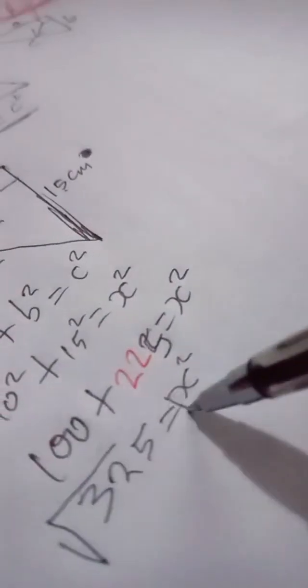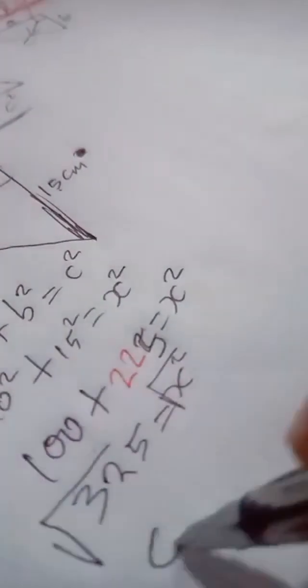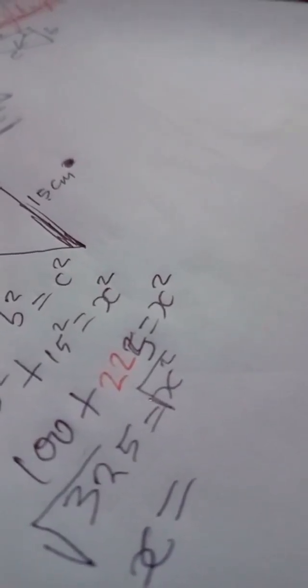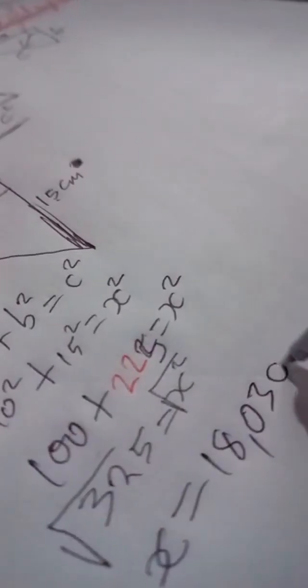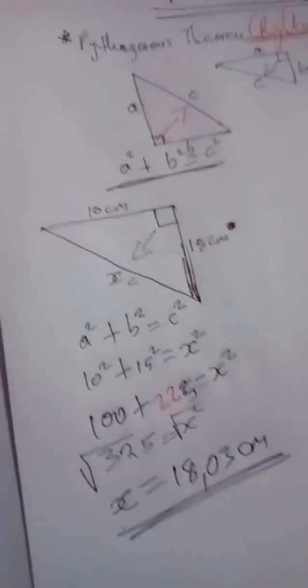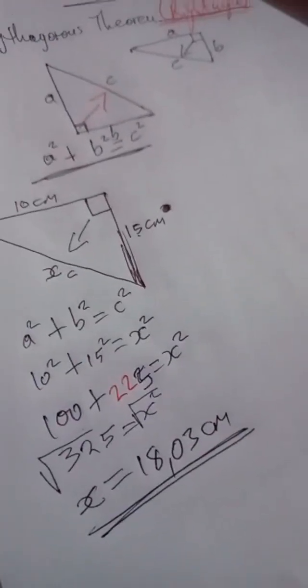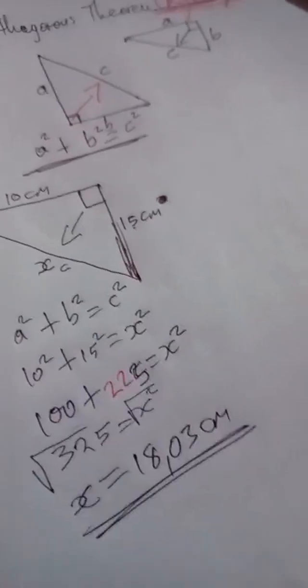Square root both sides. X is equal to the square root of 325, 18.03 centimeters. This is how we do the Pythagoras theorem, guys.